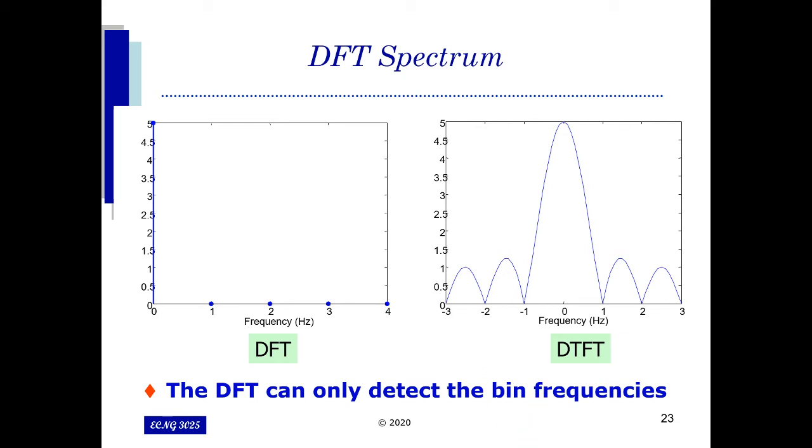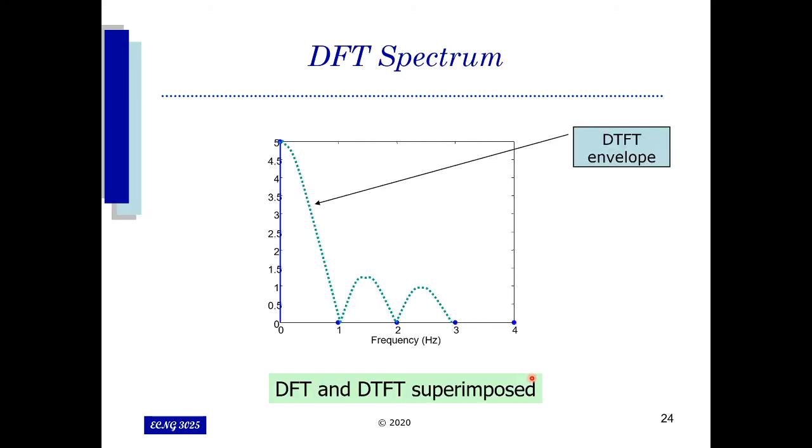If we superimpose the two of them, this becomes a lot more evident, because the DTFT can detect the amplitude of the signal peaks, but the DFT can only detect the maximum signal amplitude along the bin frequencies. So there's no shape. And in superimposing the two, it's a lot more evident that the DTFT zero crossings coincide with the bin frequencies.